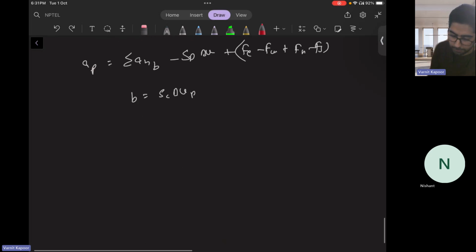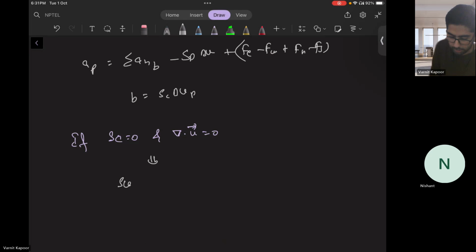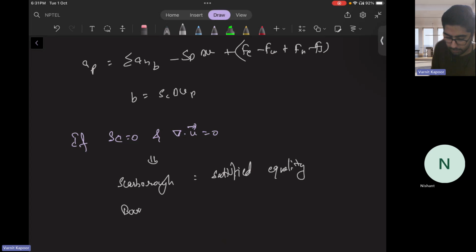So I'm writing here: if source sum is 0 and del dot u is equal to 0, this implies Scarborough is satisfied for equality as well as boundedness guaranteed.